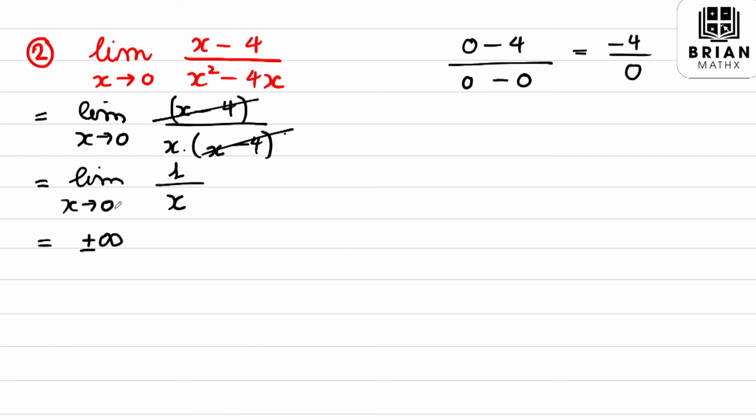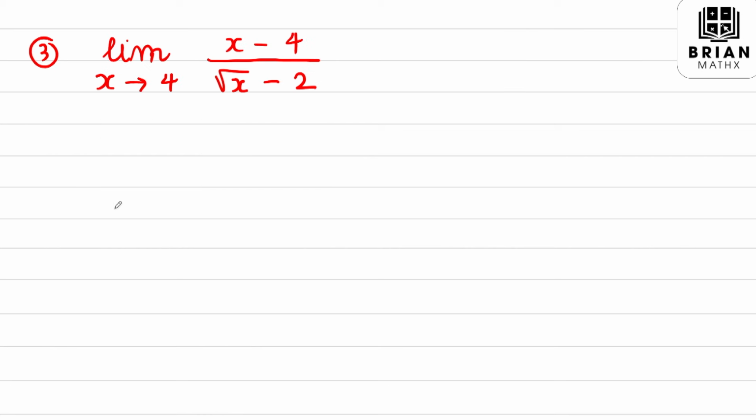That's question 2. The same thing for question 3, but for this question, nothing is easier. You have x here and 4 here, you have square root of x and 2 here. I will again apply the difference of squares identity: a squared minus b squared becomes a minus b times a plus b.